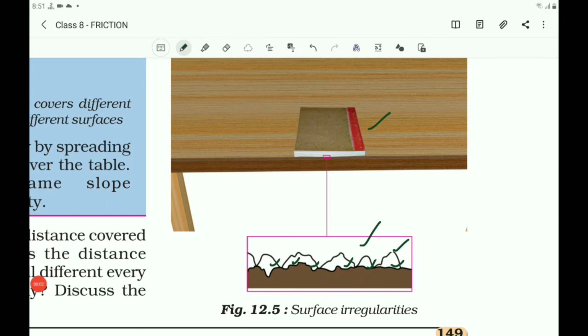Why does friction occur? Friction occurs because no surface is perfectly smooth. Even surfaces that look smooth to the unaided eye may look rough or bumpy when viewed under a microscope.